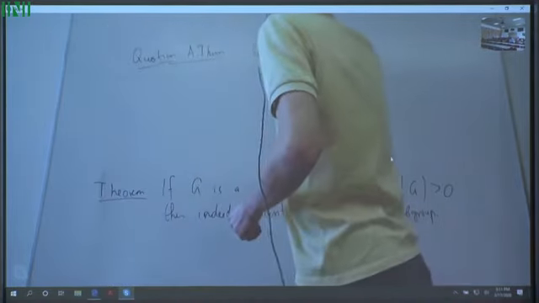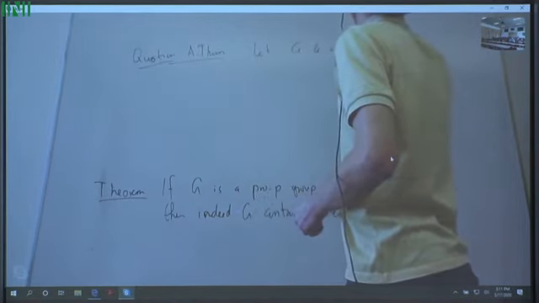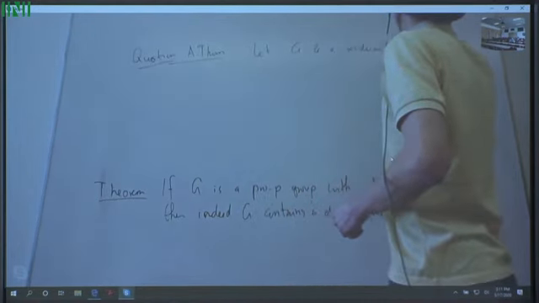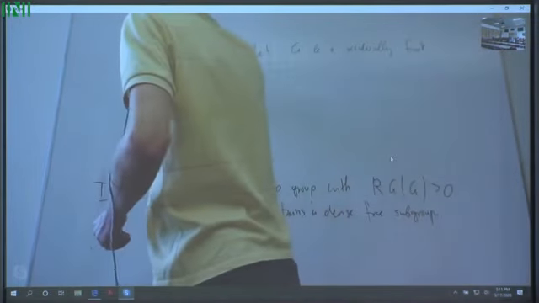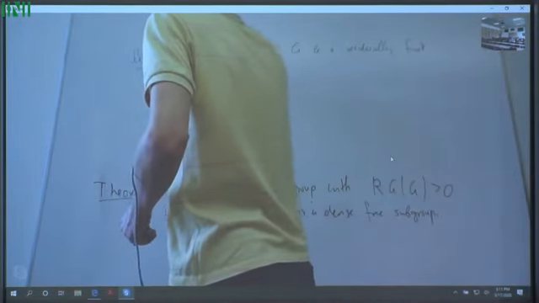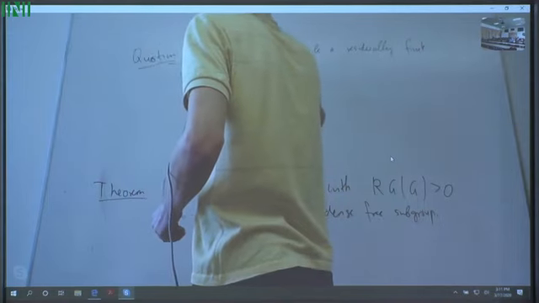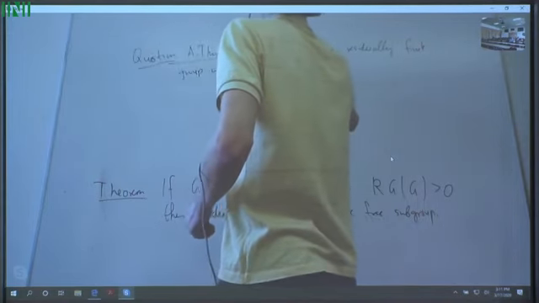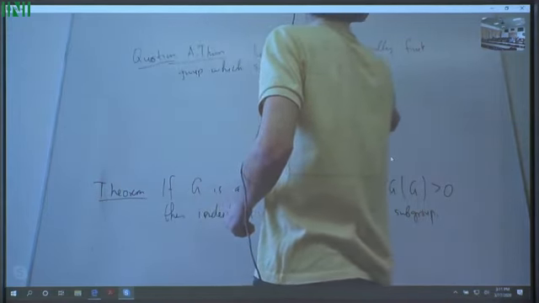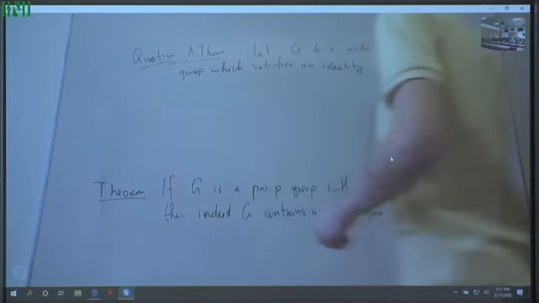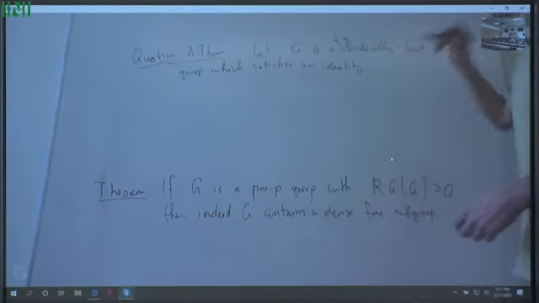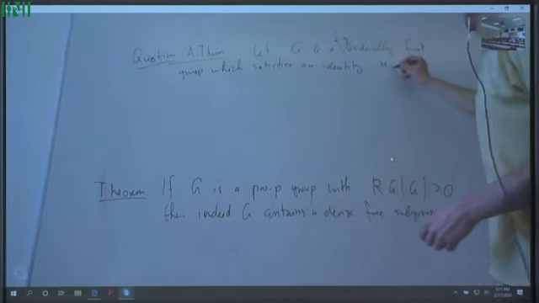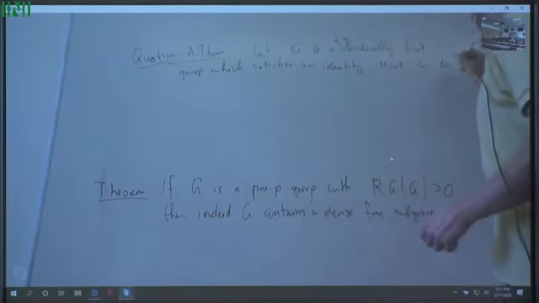Let G be a finitely generated residually finite group which satisfies an identity. Must G be amenable?